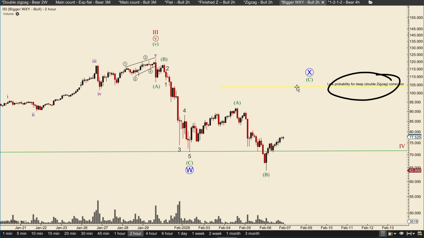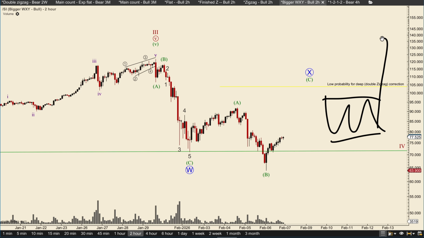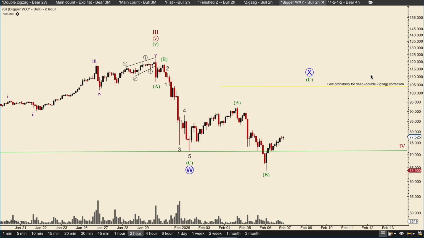So if we touch this, then we know that it has a lower probability of being a deep corrective structure. Therefore, a triangle or a flat has a higher probability if we hit this line here.